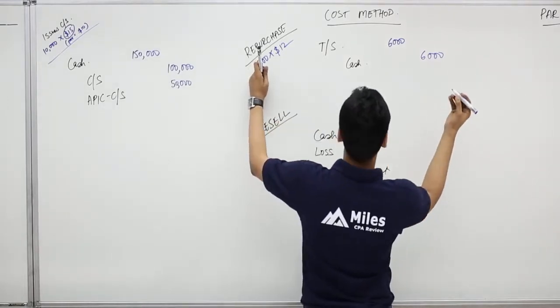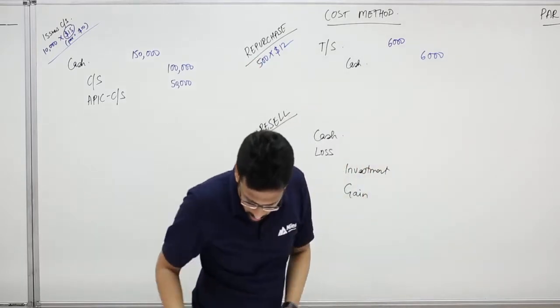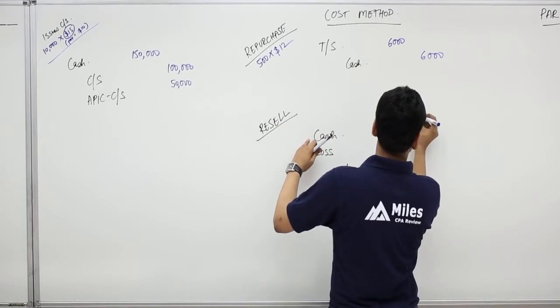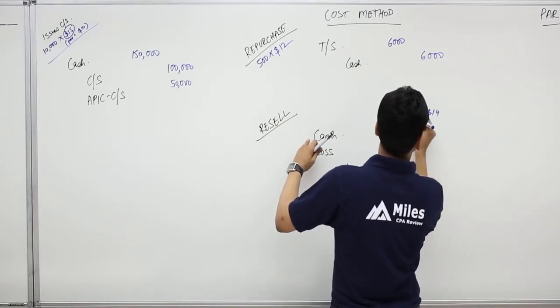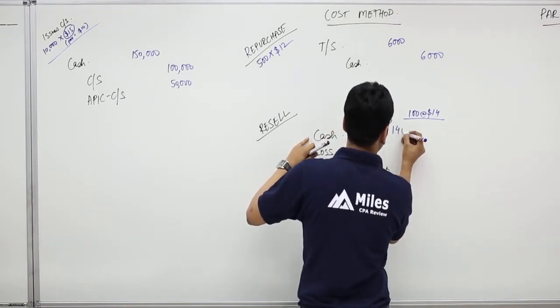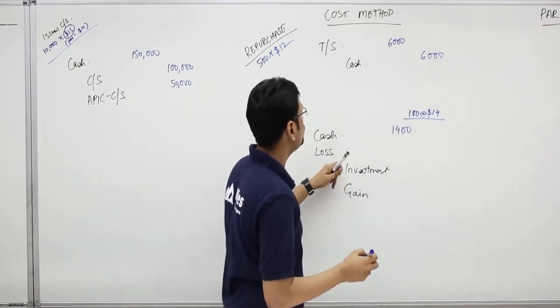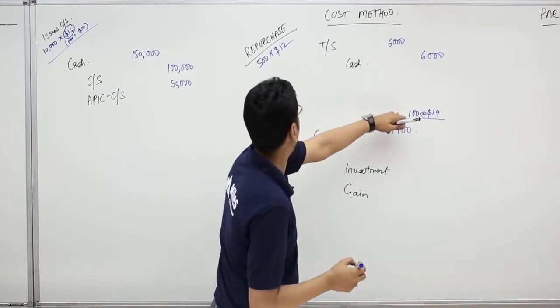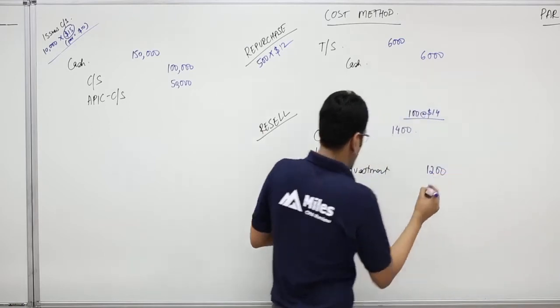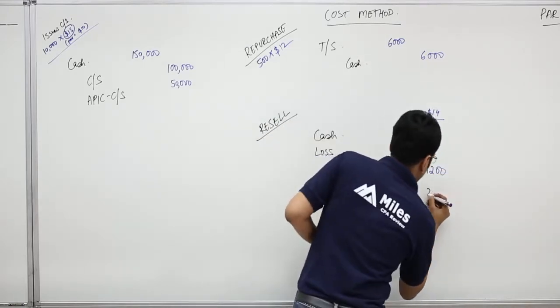So if you had resold 100 stocks at 14, so 100 into 14, the cash coming in would have been 1,400. What was your cost of investment? That was 100 into 12. That's what you repurchased it for. So this was 1,200. What's the gain? 200.